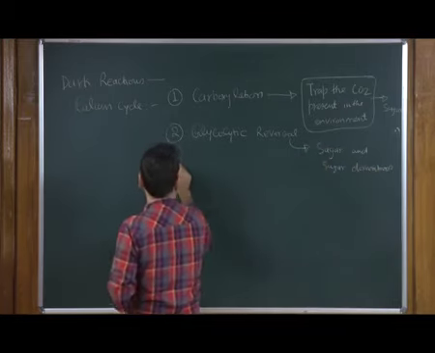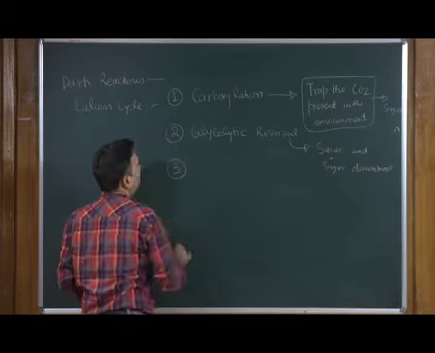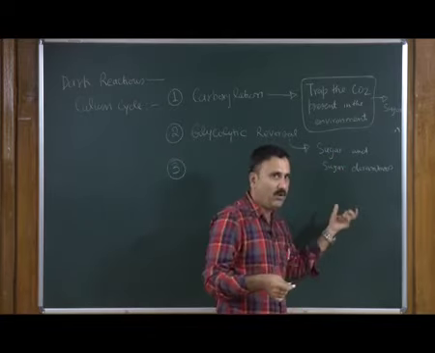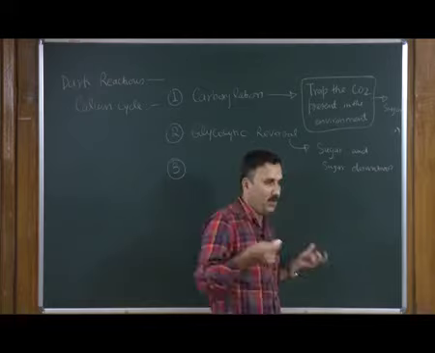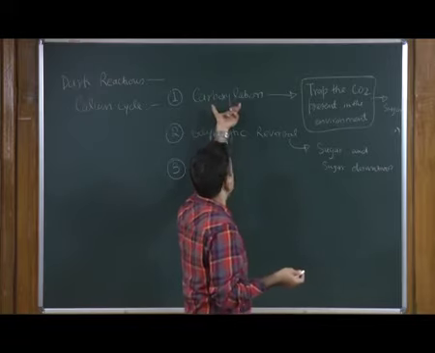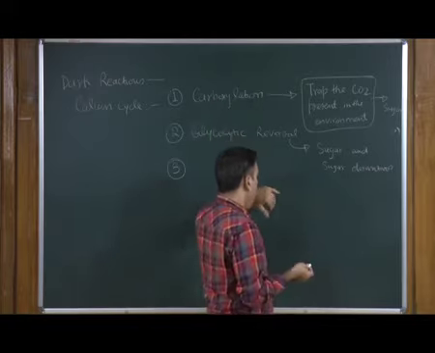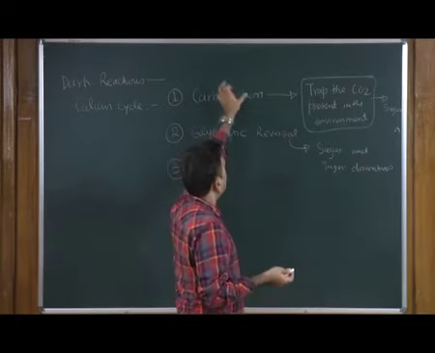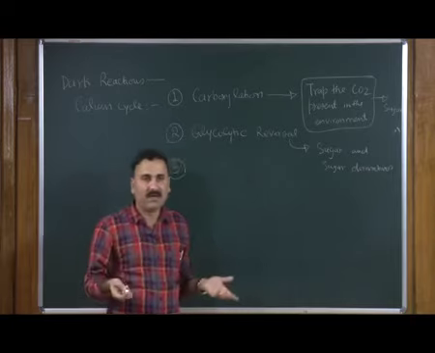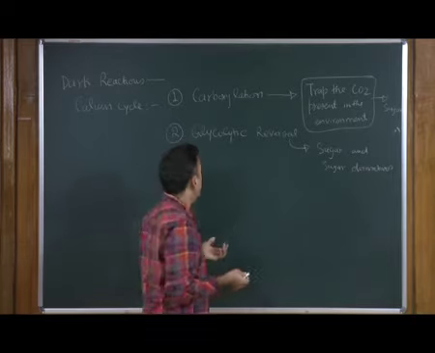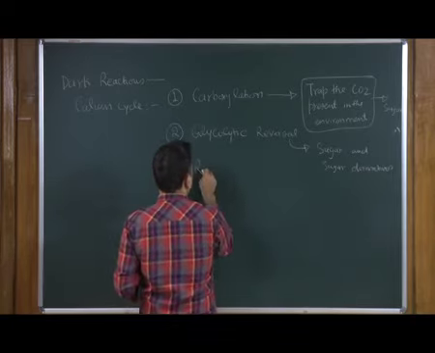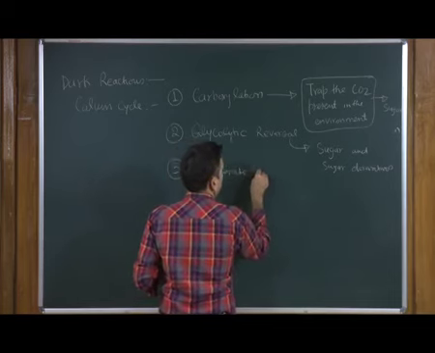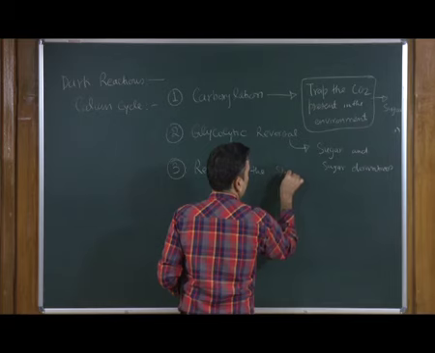And the third step is that, since you have generated the sugar, which is what you were looking for by taking carbon dioxide from the environment, you have to continue the cycle so that the incoming carbon dioxide will still be available, so you have to regenerate the starting material.